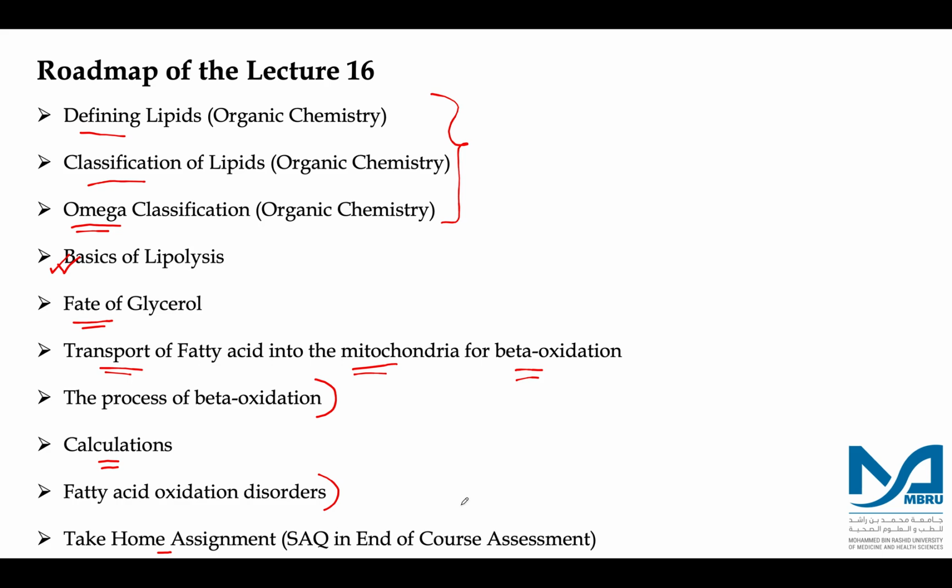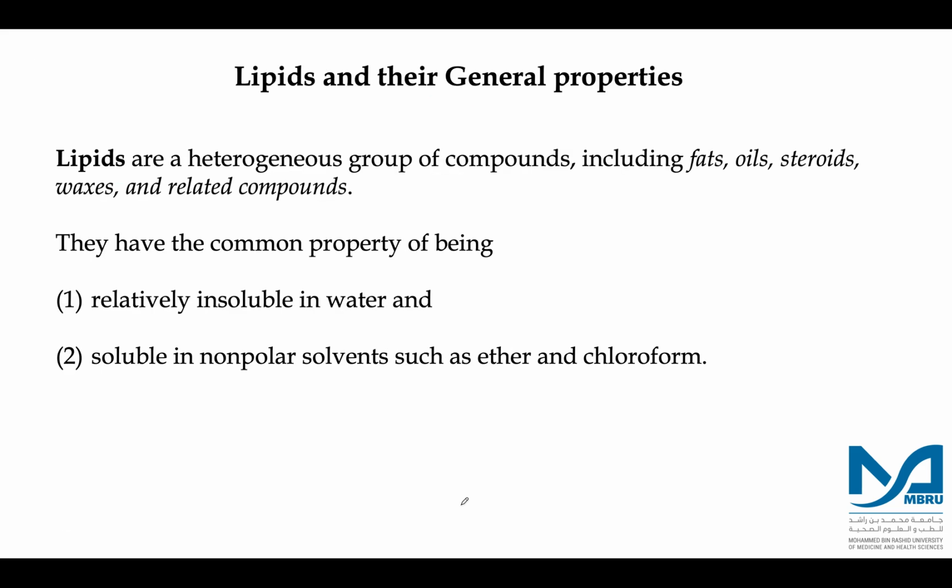So let's start with the definition of lipids. Very simply, lipids are a heterogeneous group of compounds including fats, oils, steroids, waxes, and associated or related compounds. Now, all lipids have carbon, hydrogen, and oxygen.